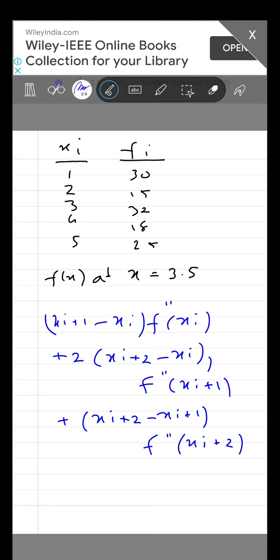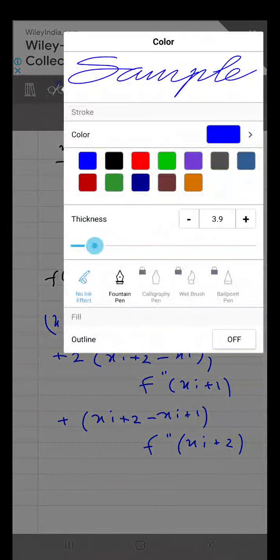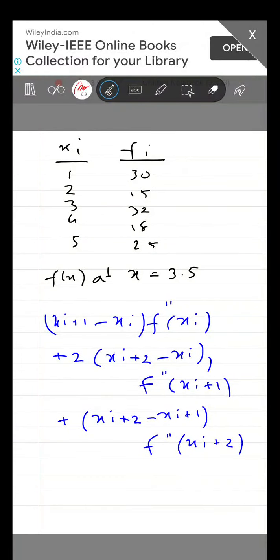So x is equal to 3.5 means we are talking about this. This happens to be i, this happens to be i plus 1, and this happens to be i plus 2. Using this relationship we get the following.